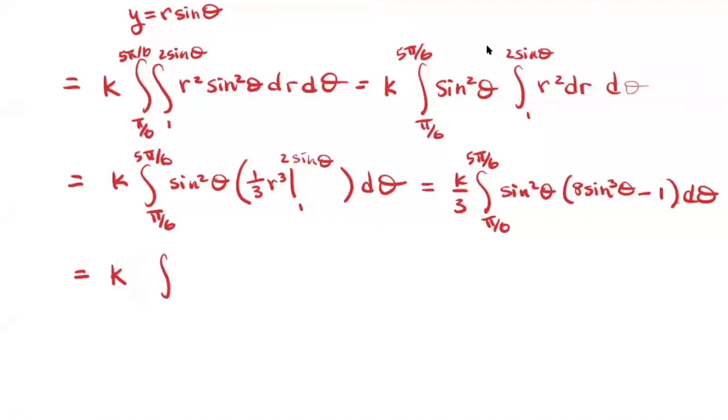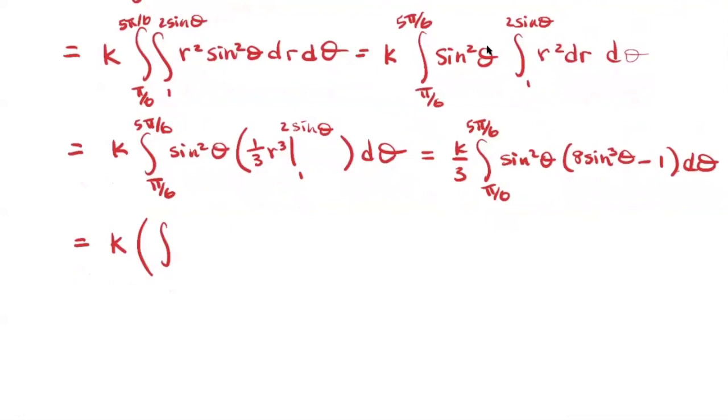Pi over 6 to 5 pi over 6. We can just take the 8 out here. We just get a sine to the 5th theta.